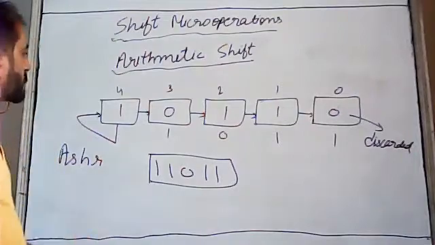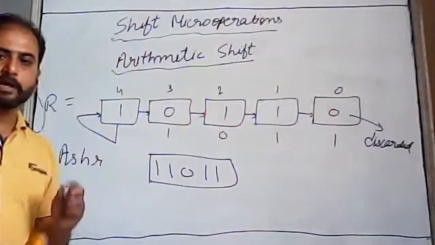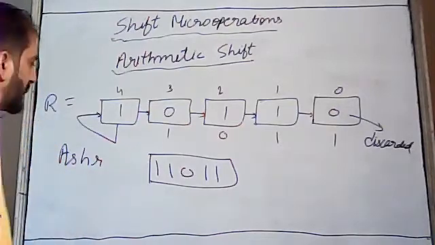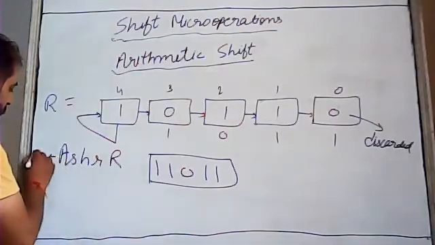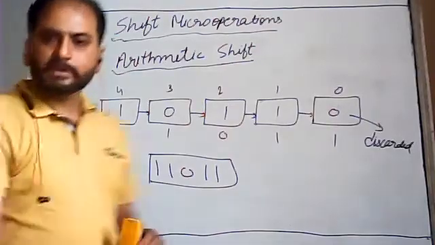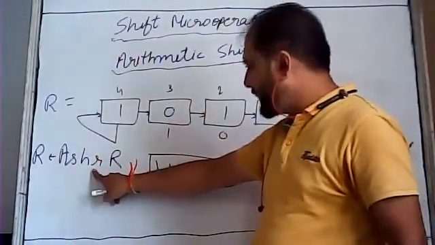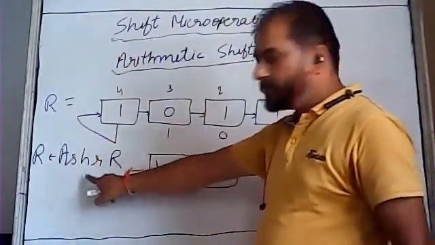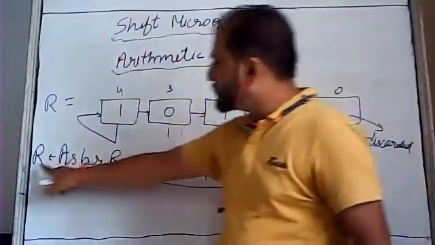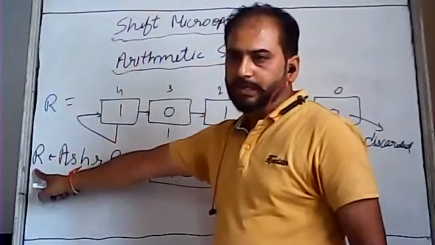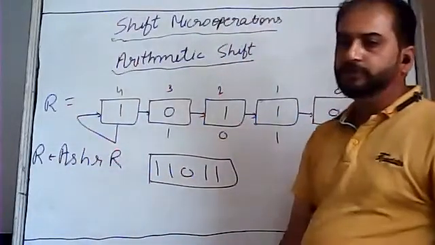Suppose this is a register R. If I want to perform an arithmetic shift right operation on register R, I will write ASHR R, and the result is stored in the register R.